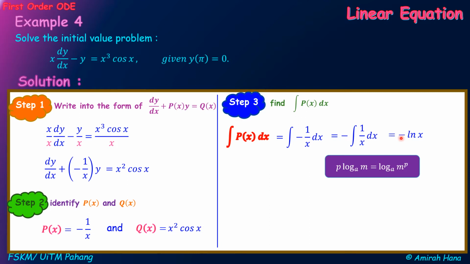We will discuss why later. So we can write the integration of p(x) dx equals ln x to the power of negative 1, because the negative sign means negative 1 and we move it up using the properties of logarithm.